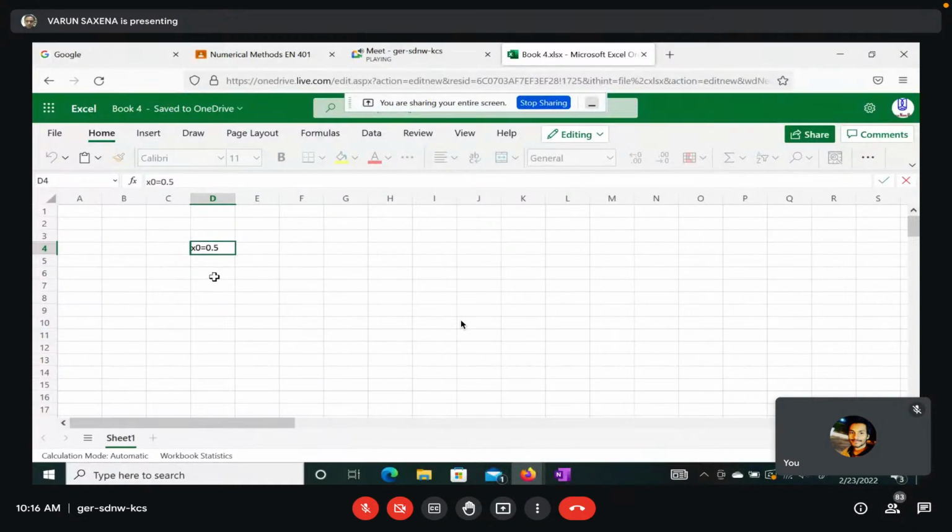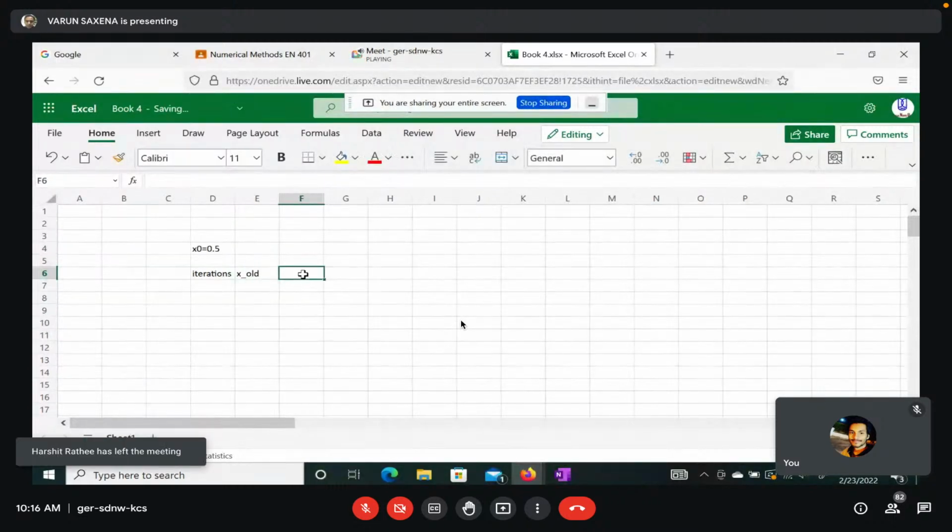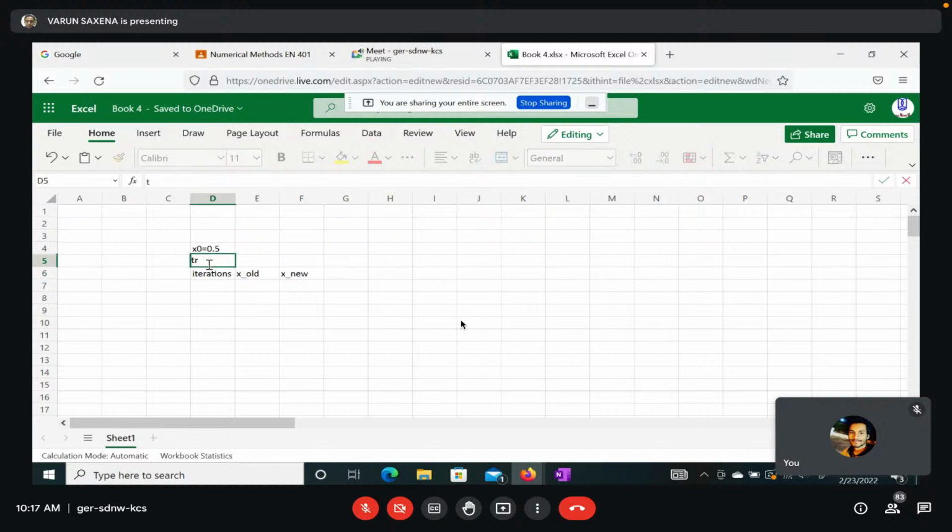Then let's call iterations this column. Then let's say this is x old. Then let's say this is x new. And let's also say that we know the true value.